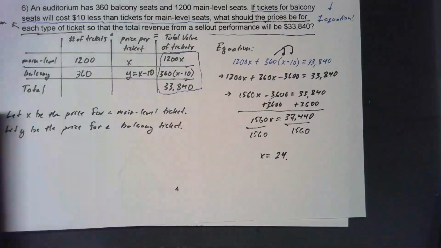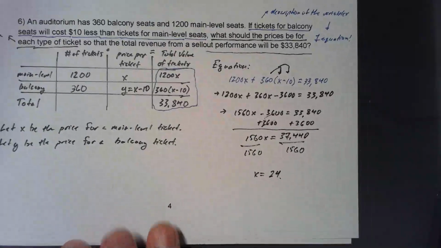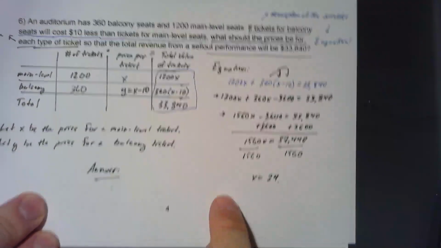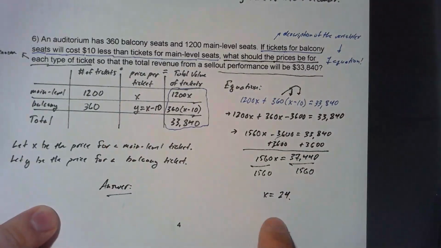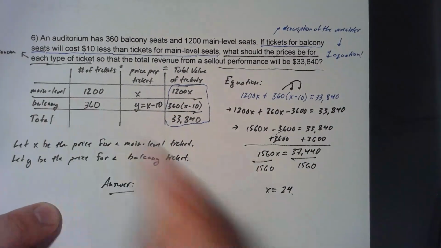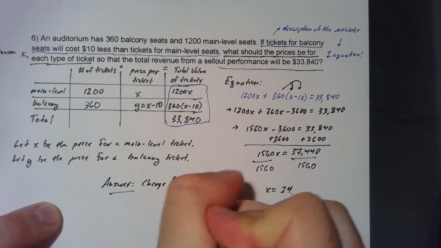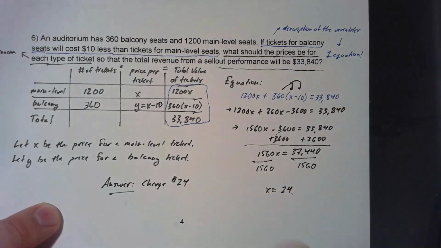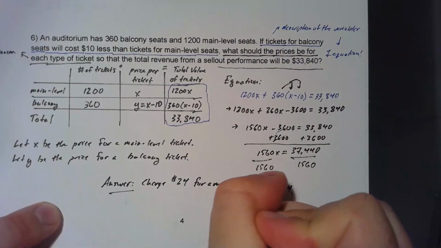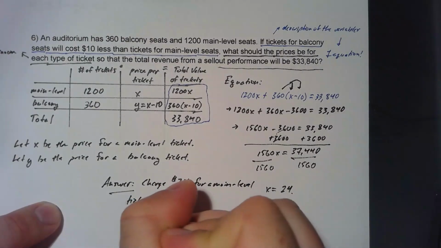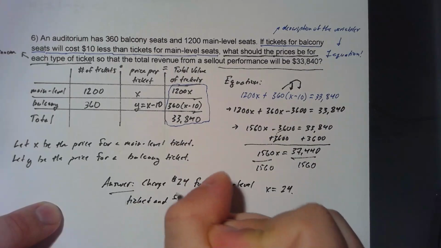Good. So that means the price, so the answer should be what? So X is 24. That's the price per ticket for main level tickets. So you should charge $24 for a main level ticket. And you should charge what?